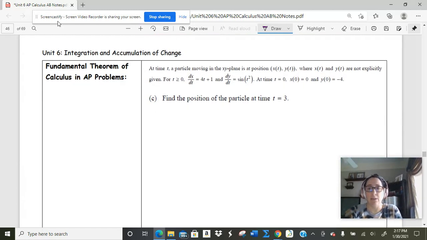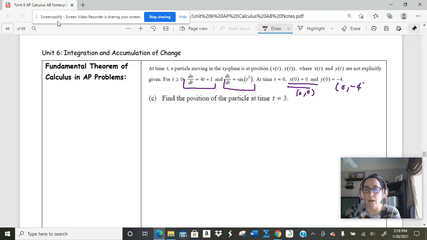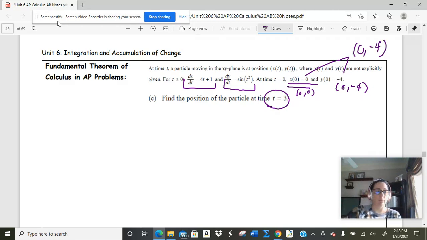So here we've got the derivative of an x, we've got the derivative of a y, we know what happens at a point on x and a point on y, and now we want to know what's going to happen when the time is 3. I know that when time was 0, it was 0, negative 4. I want to know what it is at 3. So we need to find the x at time 3 and the y at time 3.